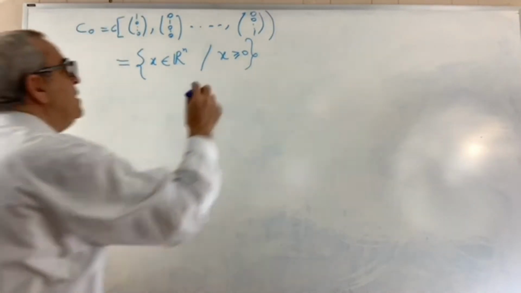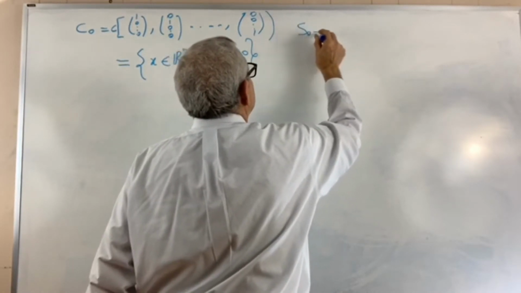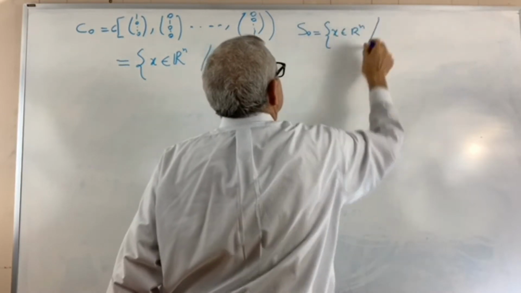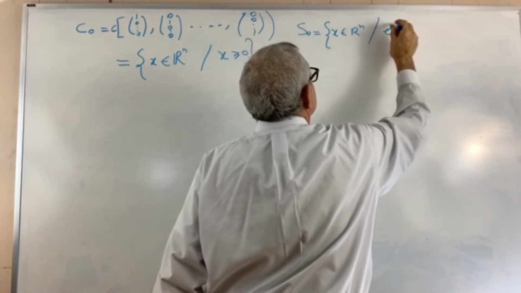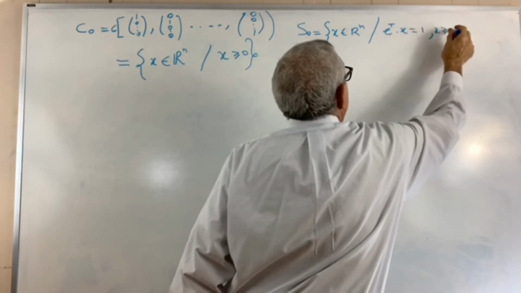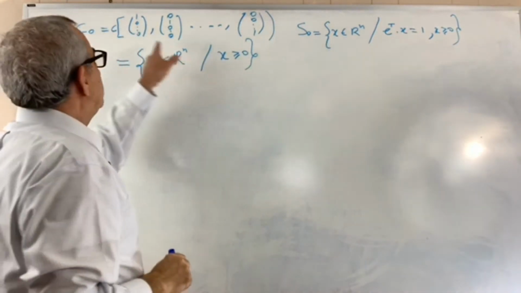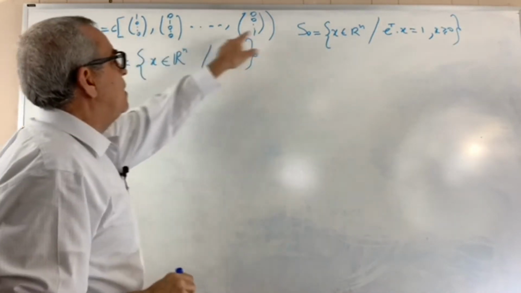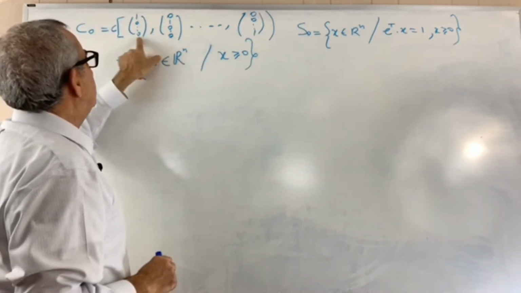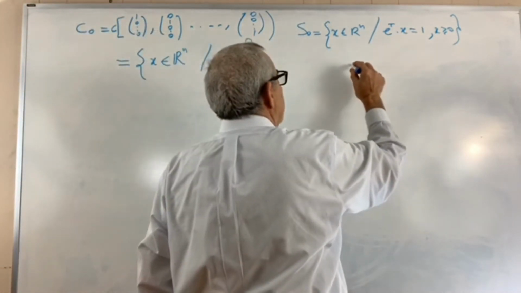From now on, if we write S0 equal to the set of x in Rn such that E transpose x equal to 1 and x greater or equal to 0, then these vectors belong to S0, because the components sum to 1 and every coordinate is greater or equal to 0. Here is a picture of it for n equal to 3.